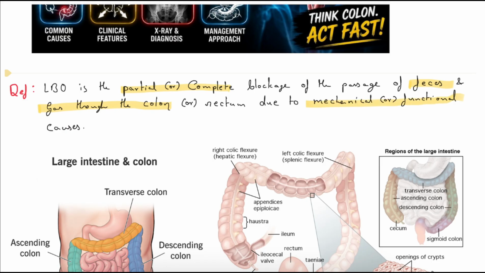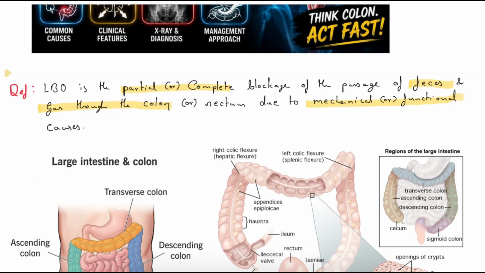Simply, large bowel obstruction is a blockage of the colon that prevents the passage of stool and gas, and the bowel becomes dilated, and the patient is at risk of perforation. Okay, so this is the main condition. It is a medical emergency, a common cause of perforation, and carries high mortality in delayed cases.